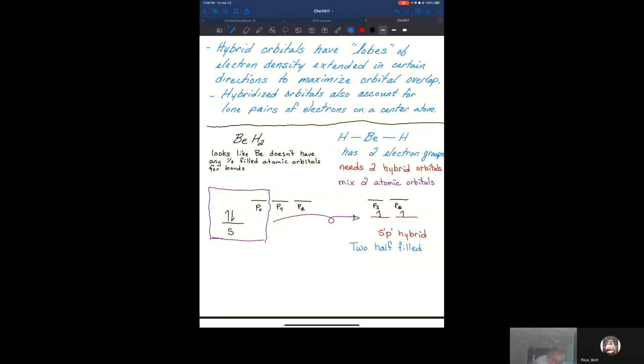So those are my 2 half-filled hybrid orbitals, pointing 180 degrees apart.